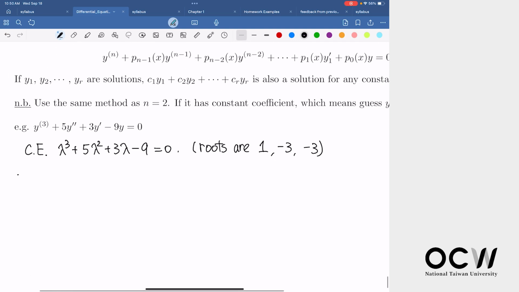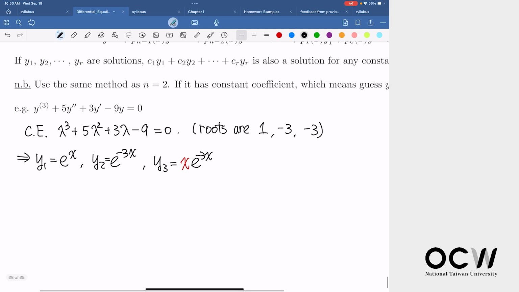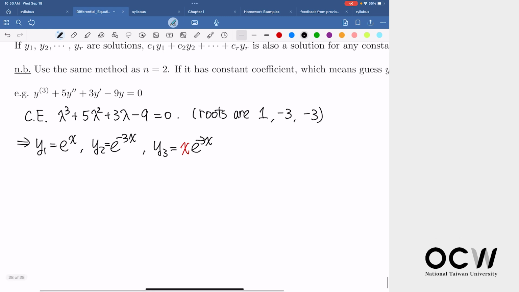Then we can guess that y1 should be e to the x, y2 is e to the minus 3x. Since I have repeated roots, the third one should be x times e to the minus 3x. We can also check whether those three solutions are linearly independent or not.